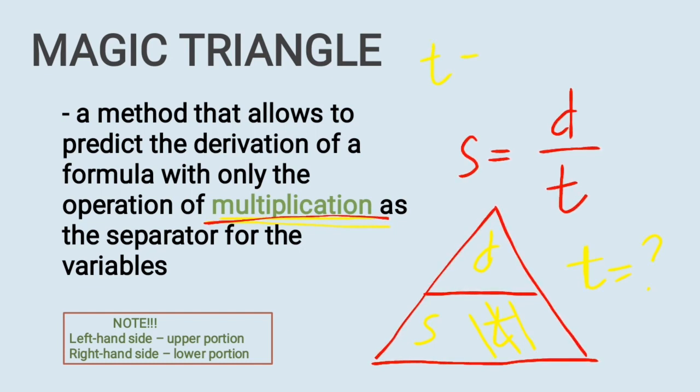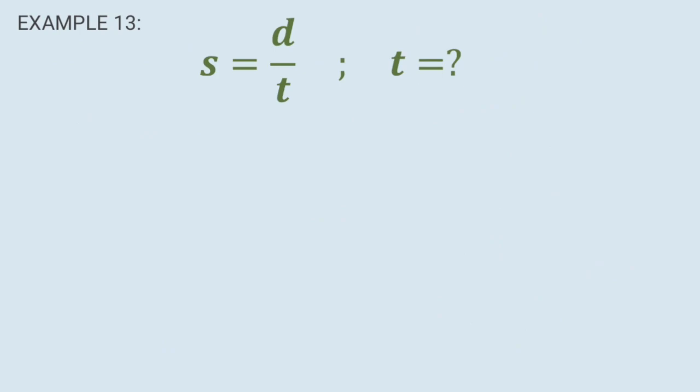T is equals to d over S. So this is the formula for time. So again, magic triangle can only be used to derive a formula if the operation is multiplication and this one, division. What if we are not going to use the magic triangle?